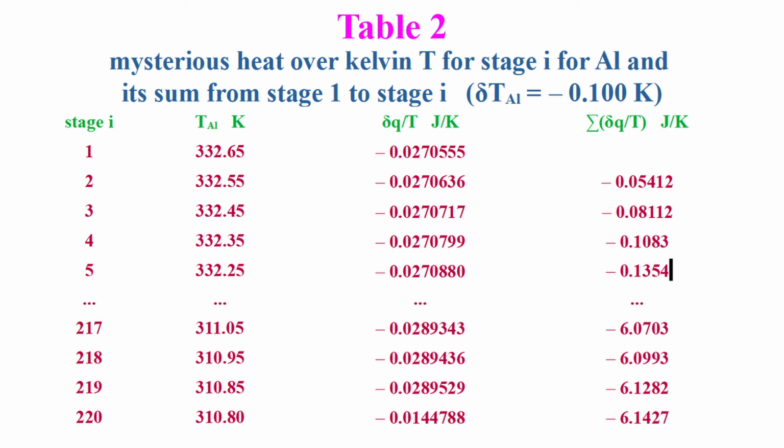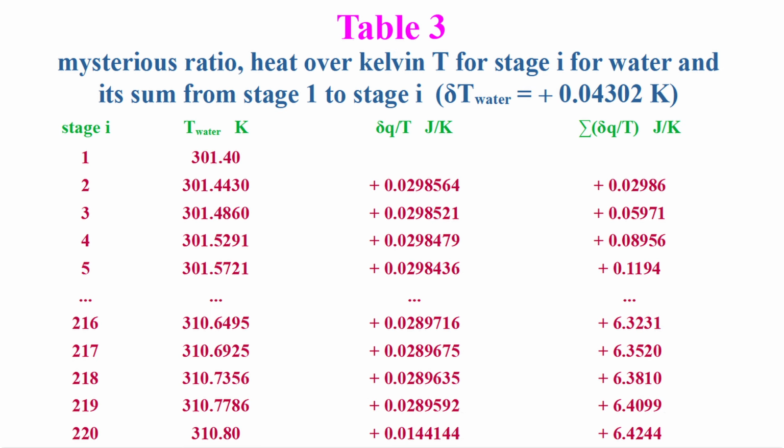As seen in the last row of column 4, the final sum from stage 1 to the last stage at which the equilibrium state is reached happens to be negative 6.1053 joule per Kelvin for aluminum.